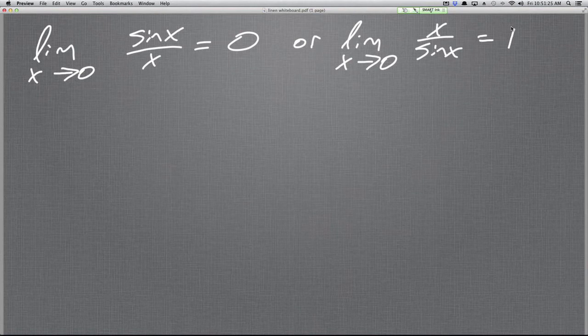The first one is the limit as x approaches 0 of sine of x over x equals, sorry, that's not 0, it's 1. That's 1. If you take the reciprocal of sine of x over x and get x over sine of x, that is also equal to 1.